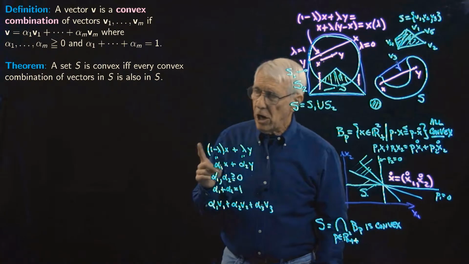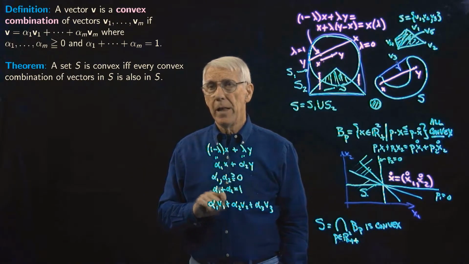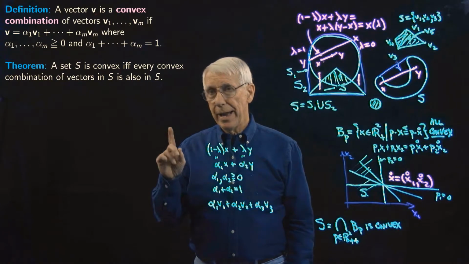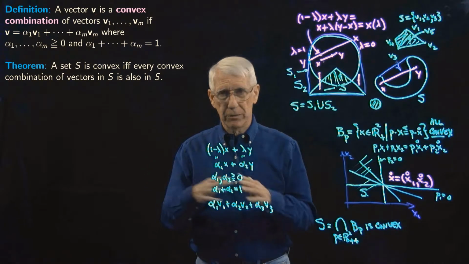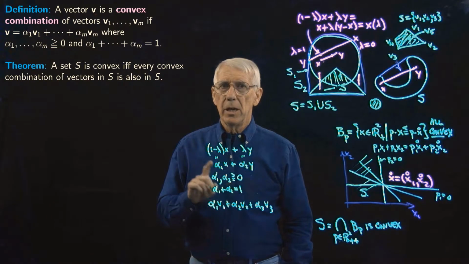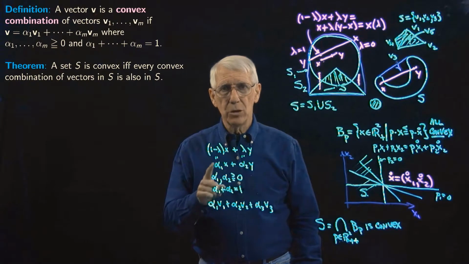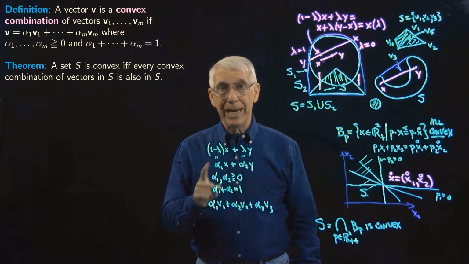So how would we go about actually proving this theorem in this direction? That if I have a convex set, every convex combination of finite sets of vectors is going to be in S. That proof is a proof that you absolutely should do by induction.